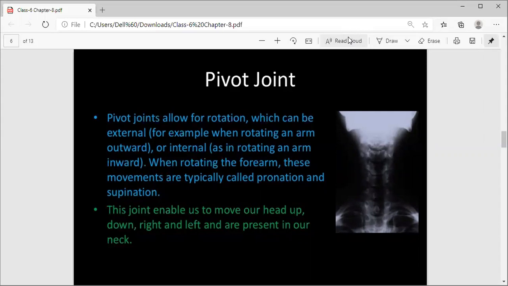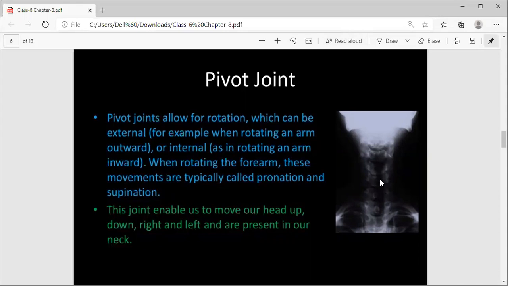First of all, let's see in which direction these joints allow movement and where that joint is present. Pivot joints allow for rotation, which can be internal or external. Children, this joint is present in our neck, and it helps us to move our head up, down, right, and left.